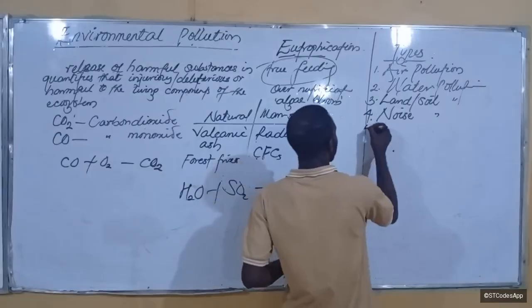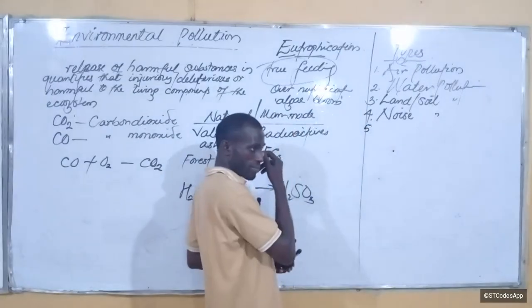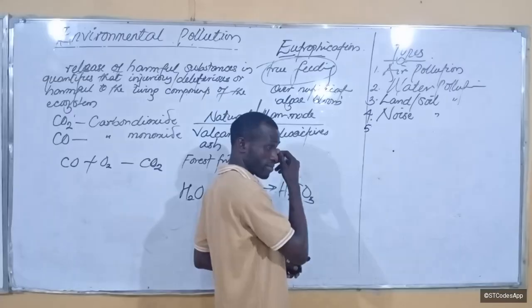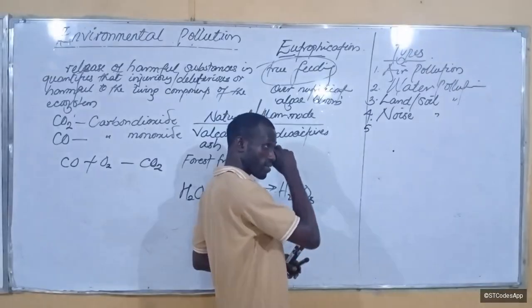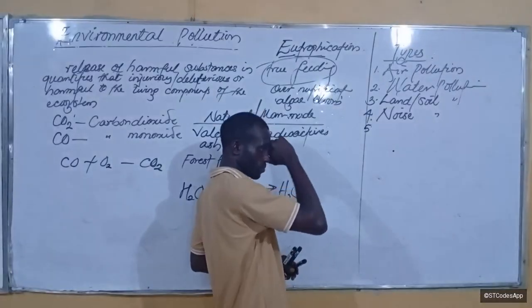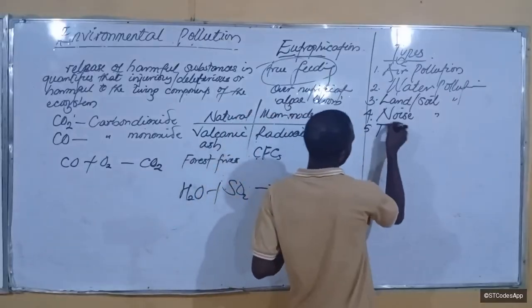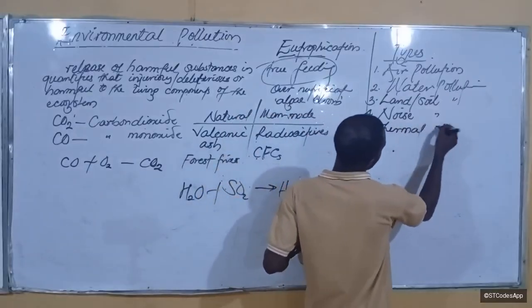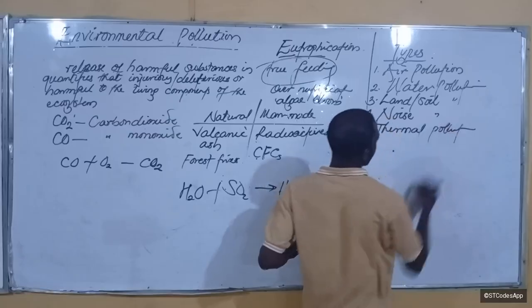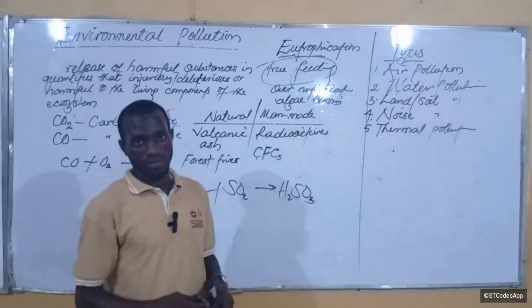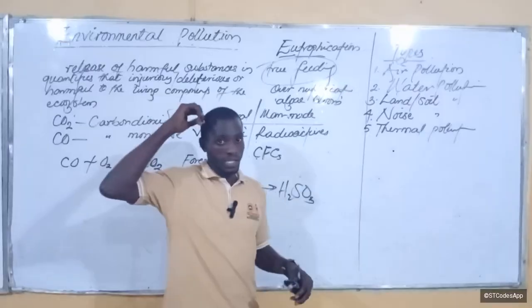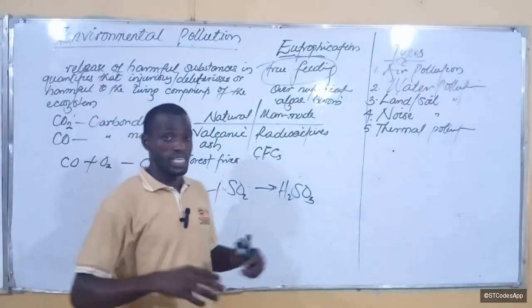Now, the next one, which other pollution do we have? We have thermal pollution. So what thermal pollution is just the heating up of a surface. For example, the surface of the earth can undergo heating up.